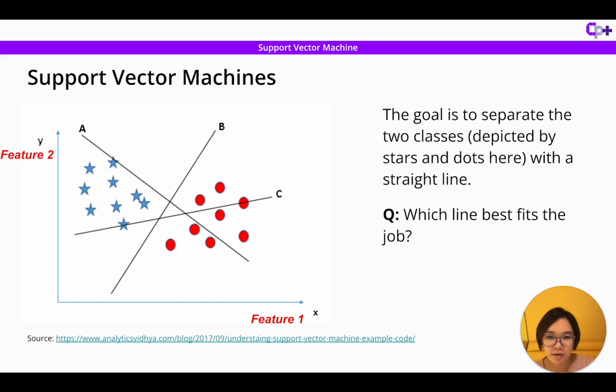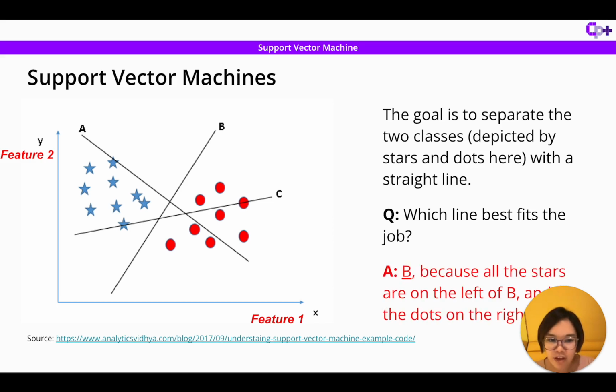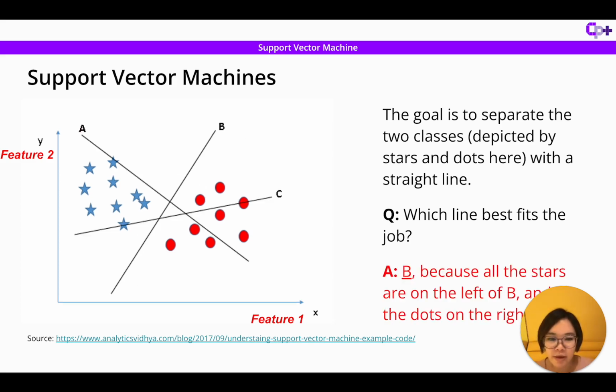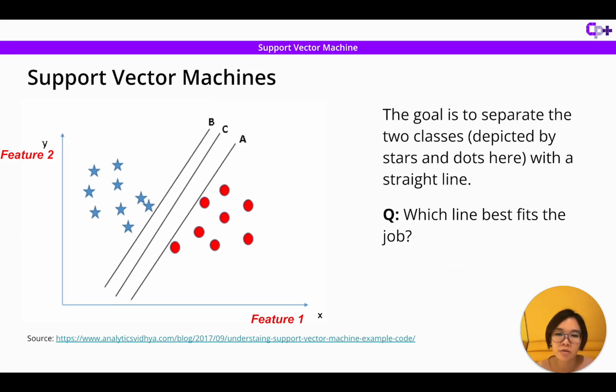You may have answered B, because all the stars are on the left of B and all the dots are on the right side. So this is a very good boundary line. So now I have three boundary lines. All of them do the same as what B did previously: all the stars on the left, all the dots on the right.